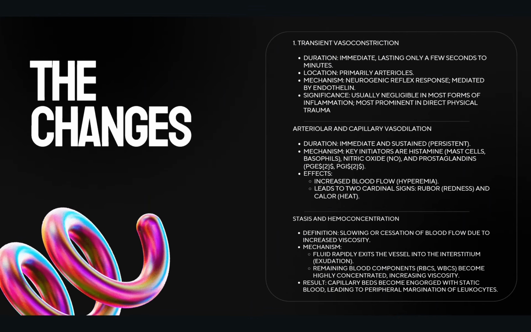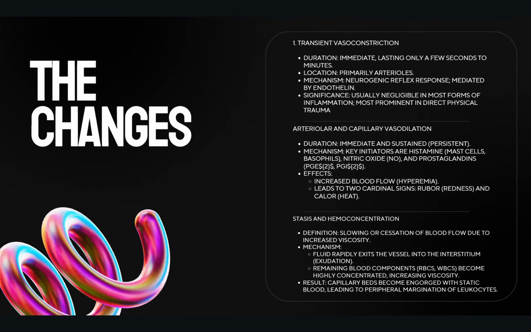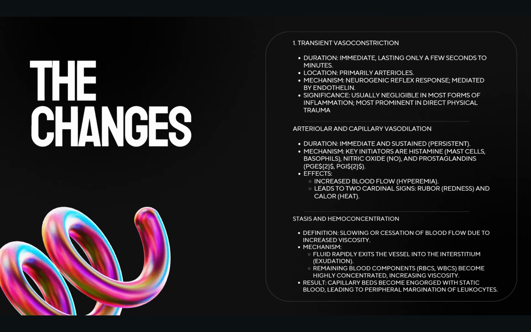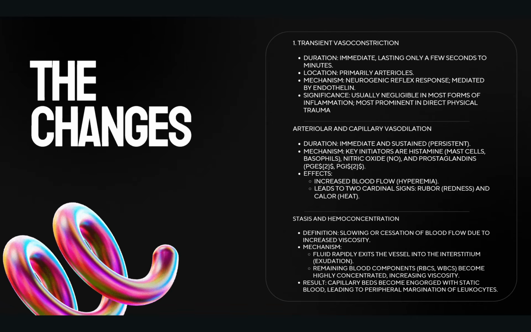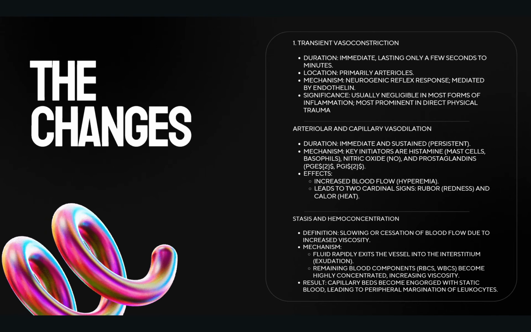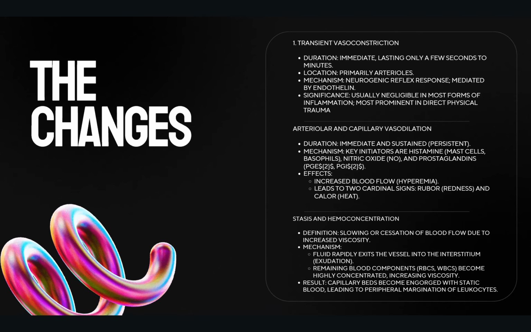This allows physical segregation of blood components. The heavier cellular elements, particularly the leukocytes, are pushed out of the central axial flow column and fall towards the endothelial lining. This process is known as margination, and it sets the physical conditions for the cellular phase of inflammation.